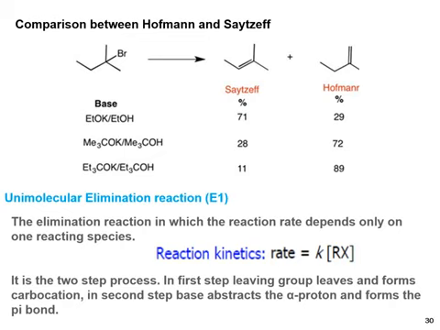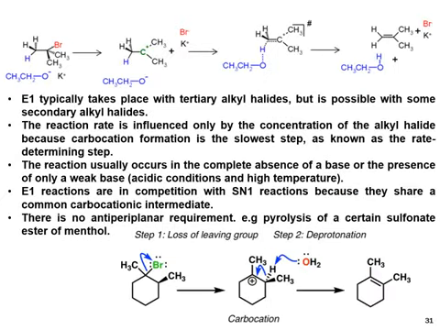The next type is the unimolecular elimination reaction. The elimination reaction in which the reaction rate depends only on the substrate. It is a two-step reaction. In the first step, a carbocation forms, and in the second step, the alpha proton will break and form the pi bond.